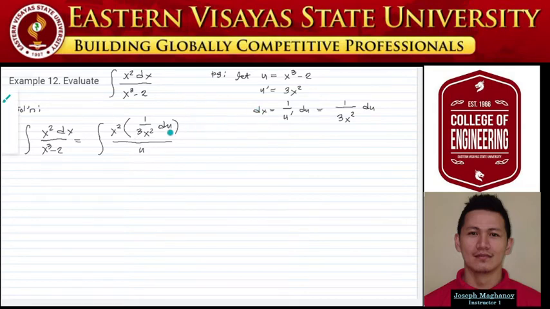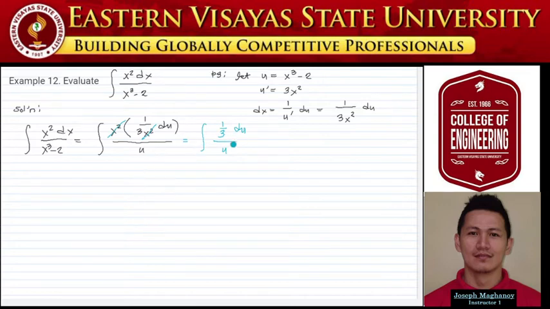We can apply some elimination. So x squared, x squared. So the remaining is 1/3 of du over u. Okay.